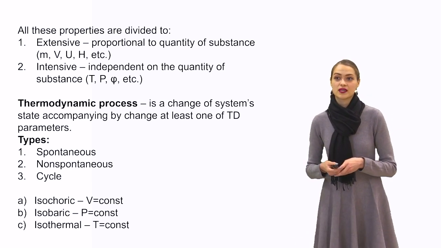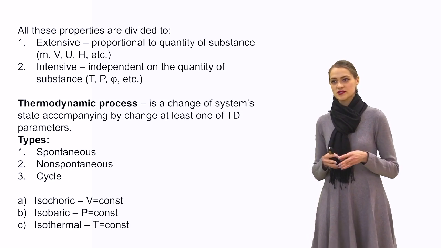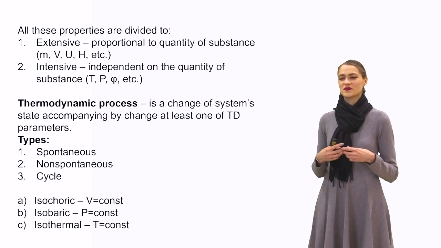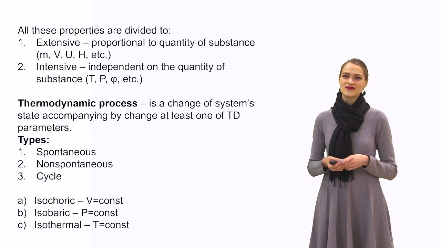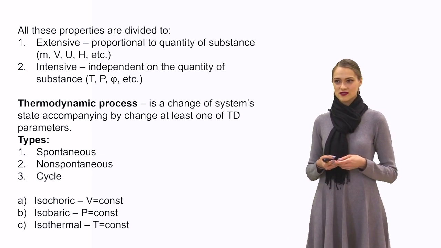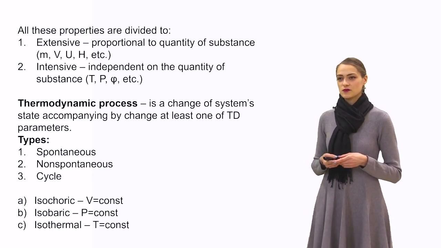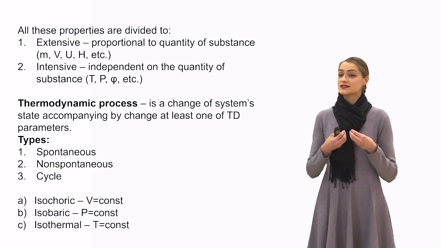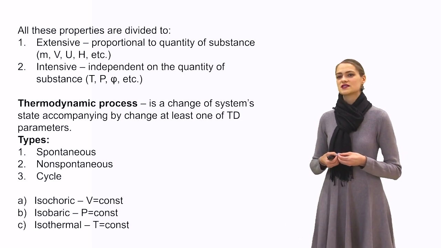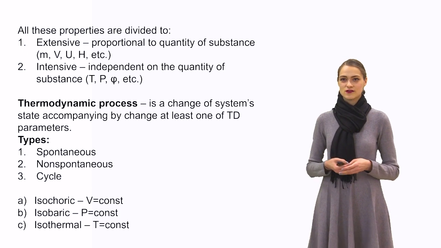As well, we can divide such properties into two groups according to dependence on the mass of these substances. First, we have extensive properties, which depend on the quantity of substance: volume, enthalpy, entropy, and so on.